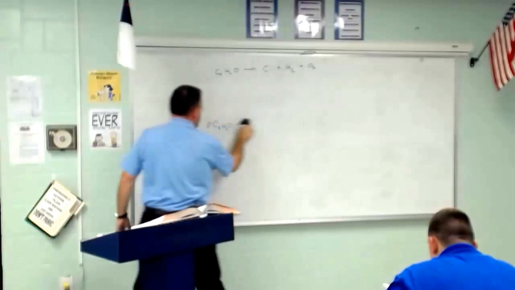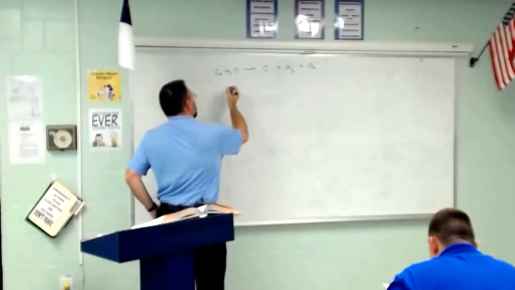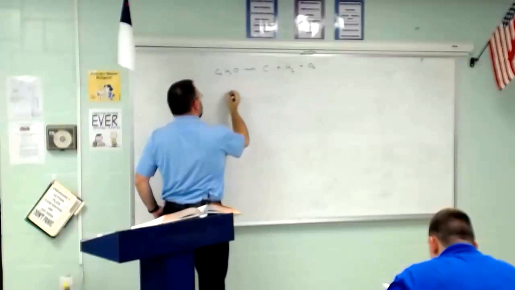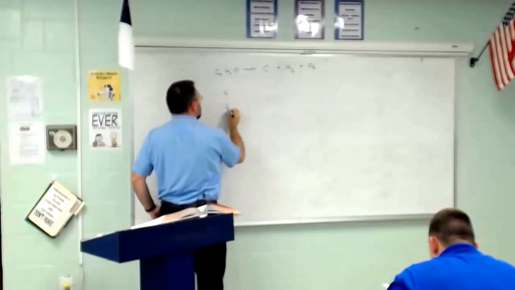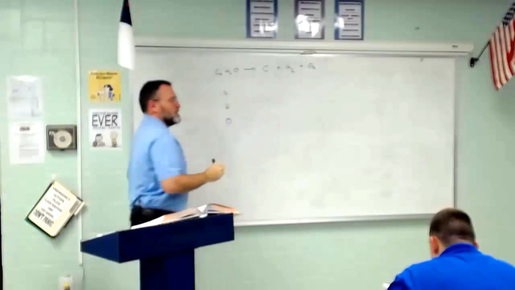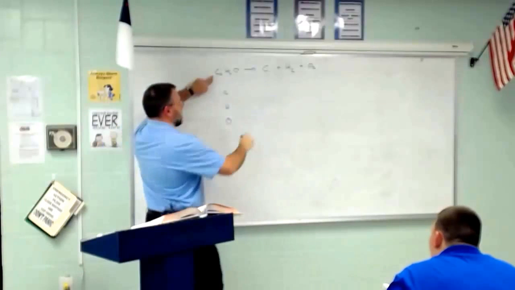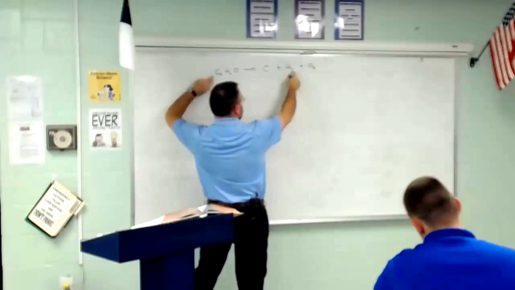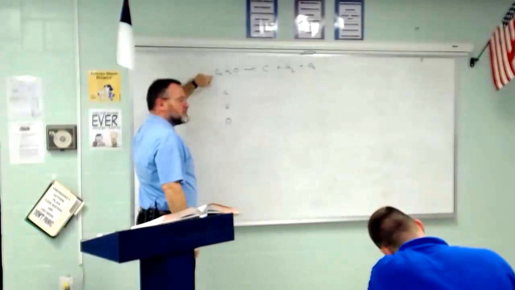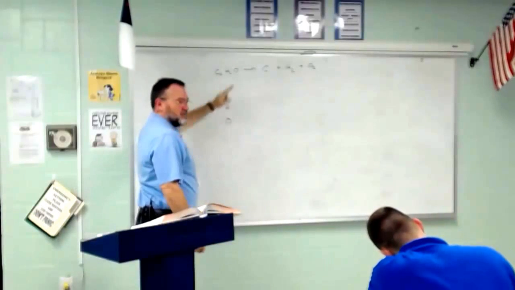Let's do it the way we did last module and go through and say, what do I have on the reactant side? I have carbons, hydrogens, and oxygens. Let's make sure that's the same thing we have on the product side. We should have carbons, hydrogen, and oxygen. Okay. Let me go through and do an atom count of everything.